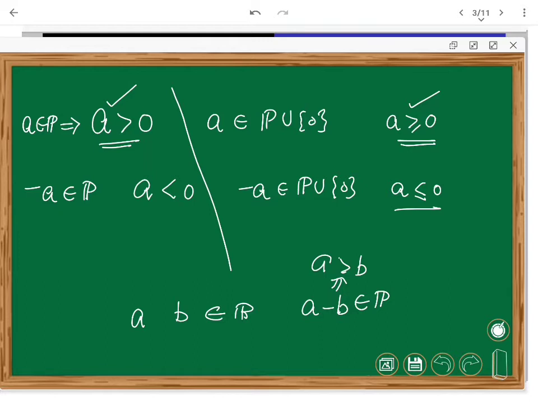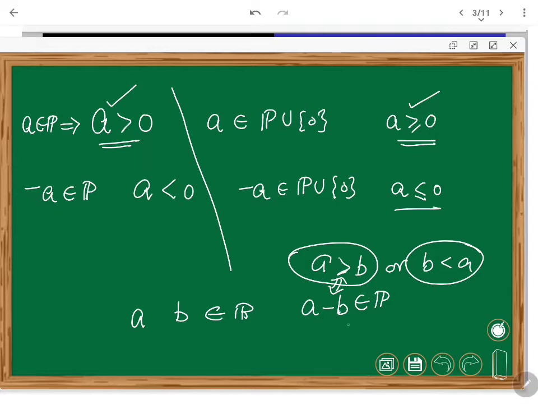Once you have comparison with 0, positive, negative and 0, that allows us further. Naturally, A greater than B is defined as A minus B being inside P. We may use another notation also, B less than A in this case. Either you can write A greater than B, or you can write B less than A, as appropriate.